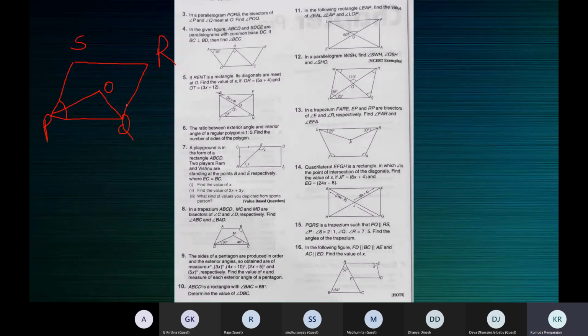Yes, Devadarshini, how did you suddenly take up OPQ plus OQP? What made you do all that? That's what I want to know. What made you take OPQ plus OQP is equal to 180 by 2? Why did you write that?